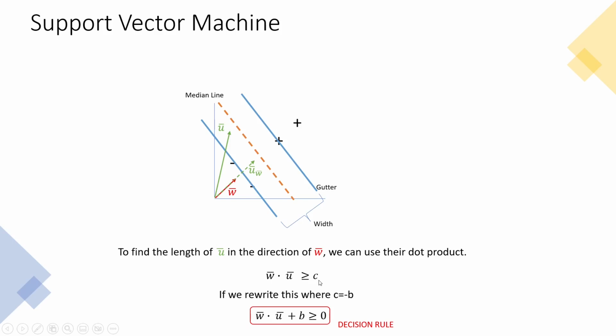For now, let's write c equal to minus b. So this equation becomes w dot u plus b is greater than or equal to 0. Okay, this is our first equation, our decision rule equation.